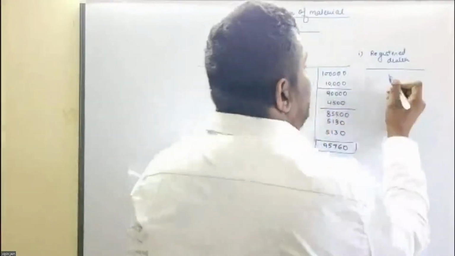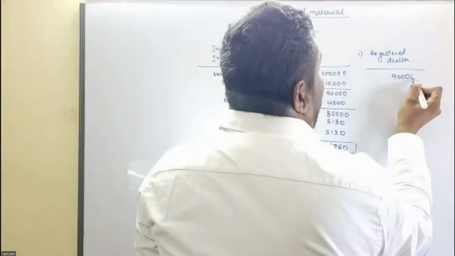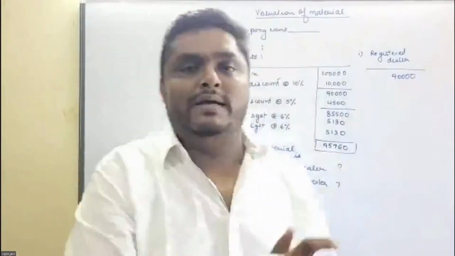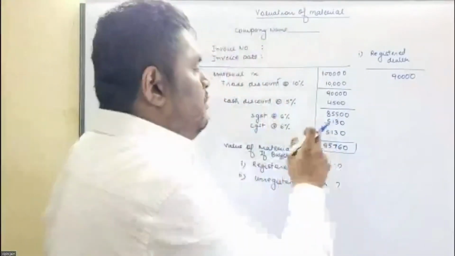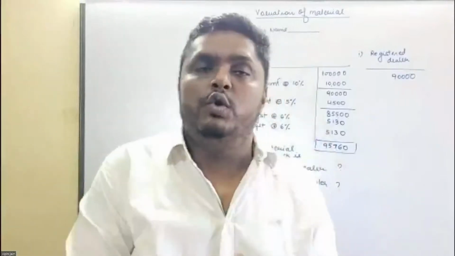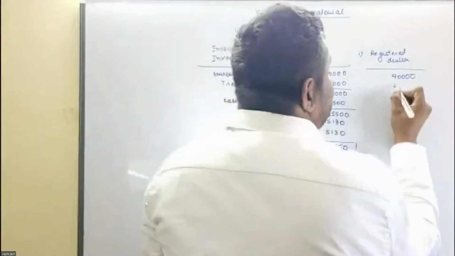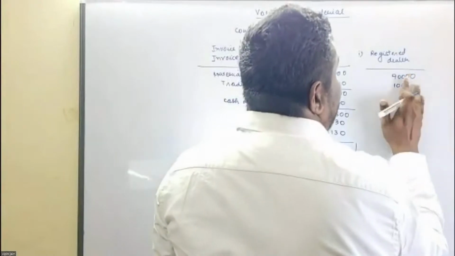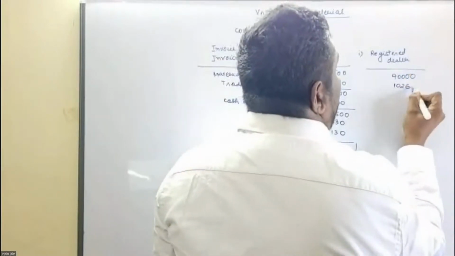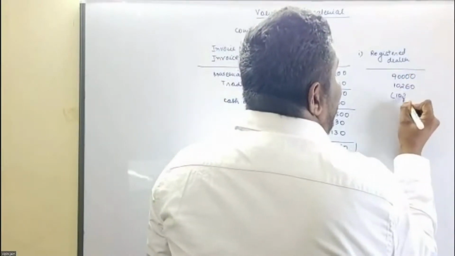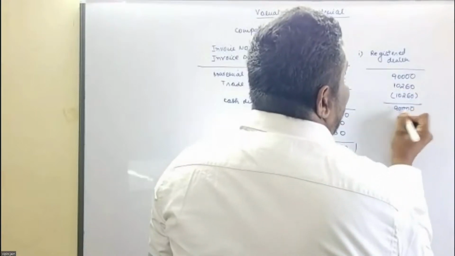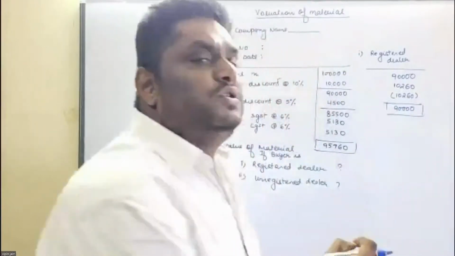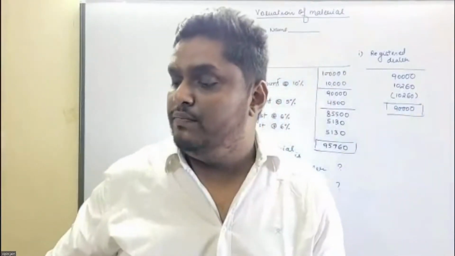So how much will be the amount? 90,000. Cash discount will not be deducted. Now I am paying the GST to the supplier. How much? 5130 into 2, so this will be 10,260 I'm paying, but I'm getting the credit back. So the final value of the invoice that will be recorded in the books of account will be 90,000.